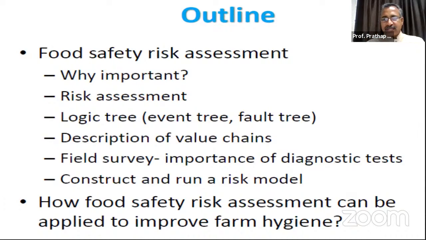How food safety risk assessment can be applied to improve farm hygiene is also addressed in modern food regulation. Today, as per the food safety regulations, when a food business operator or a person dealing with food processing applies for either a registration or a license, the highest importance is given to Schedule 4 of the Food Safety Standards Act or Food Safety Standards Regulation.